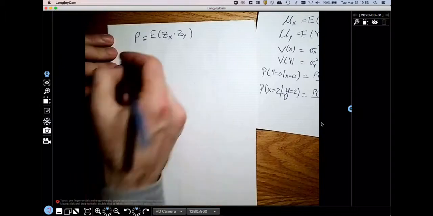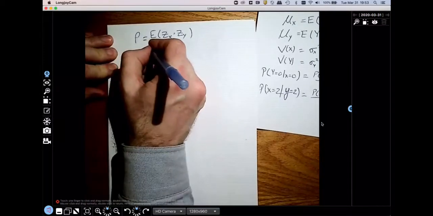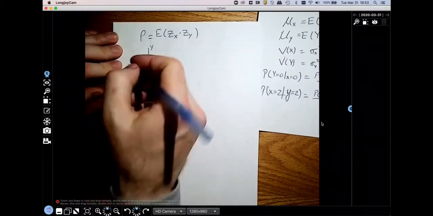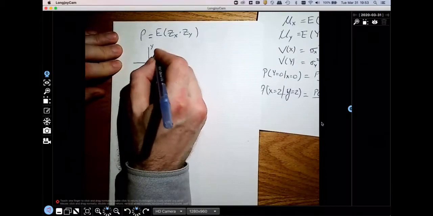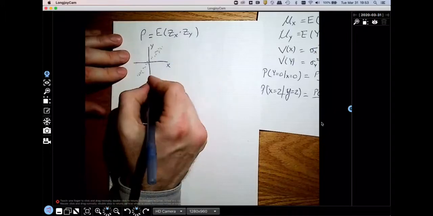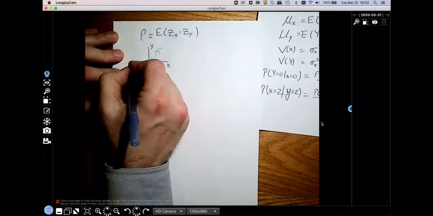So let me draw a scatter plot for us, and let's just say that my scatter plot looks something like this. Basically the mean of x is about 0. The mean of y is also about 0.